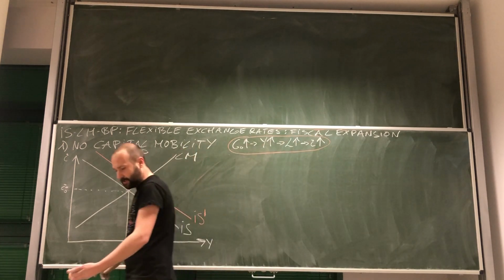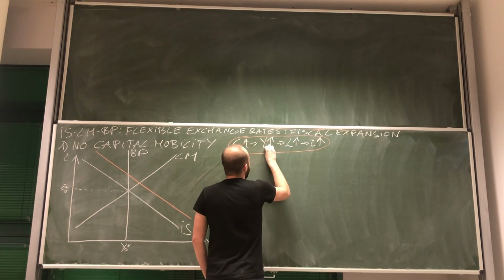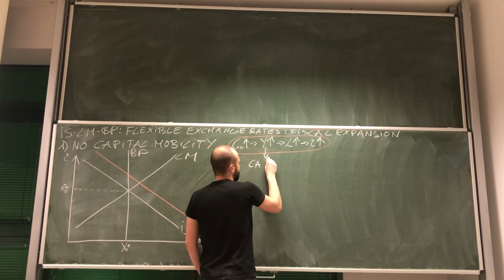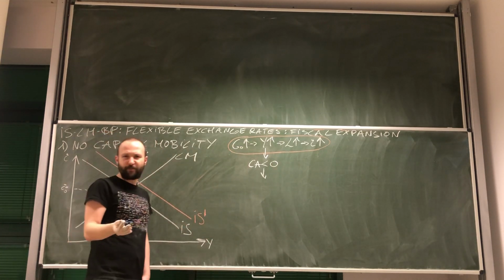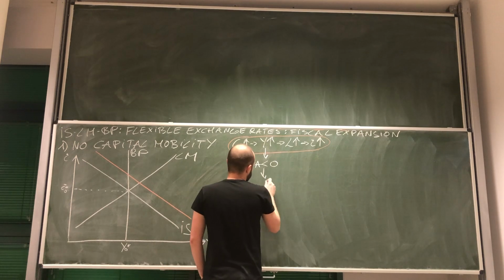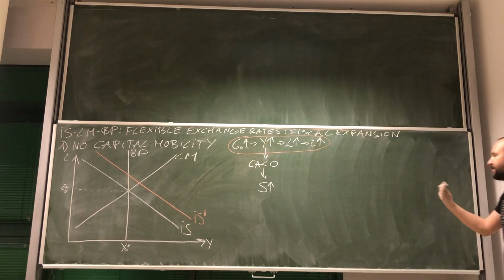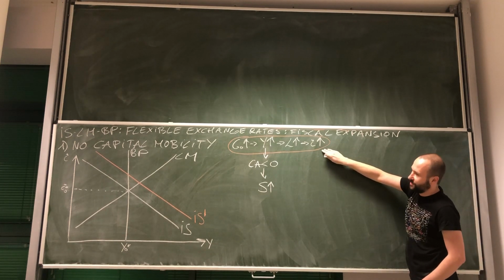Okay, now this is our closed economy effect. Now let's see what happens within the open economy. Well, here we remember that if GDP increases, the current account goes into deficit, and this creates a pressure on depreciation. We need to pay more units of our currency for one unit of foreign currency. Now we can completely ignore the impact of interest rate, right?